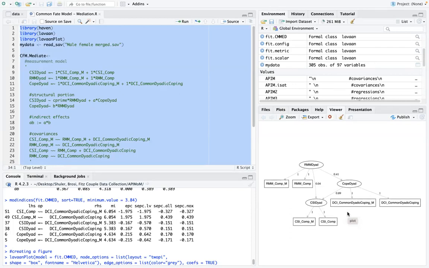And so when you are writing this up, I would say something along the lines of higher levels of dyadic relationship mindfulness is associated with a 0.41 unit increase in dyad level dyadic coping, which is then associated with a 0.89 unit increase in dyad level relationship quality or relationship satisfaction.